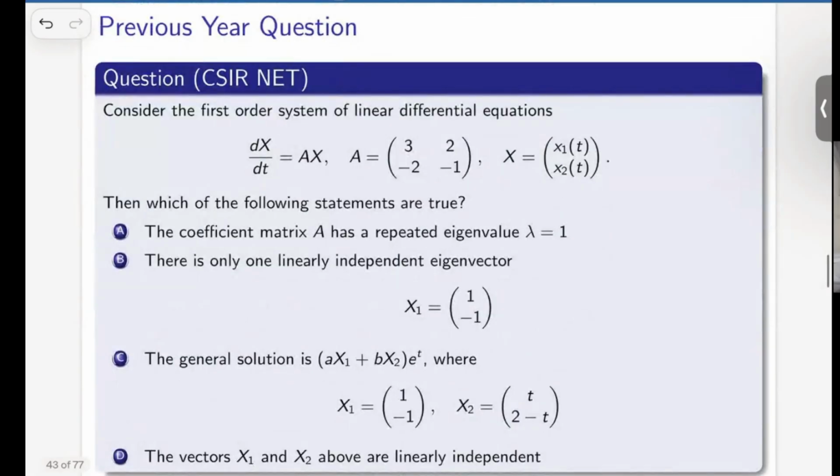Now let's go to the next question. So let's say we have our system dx/dt = Ax, and x1(t) and x2(t) are two solutions, then which of the following are true?